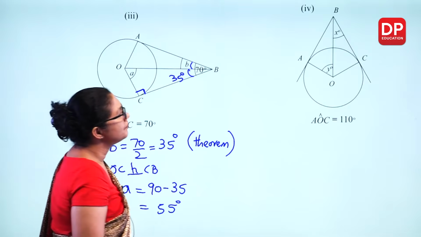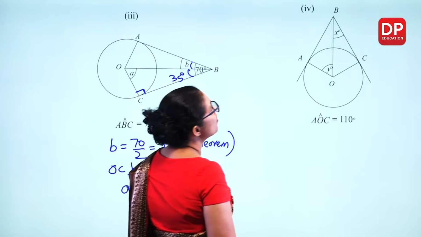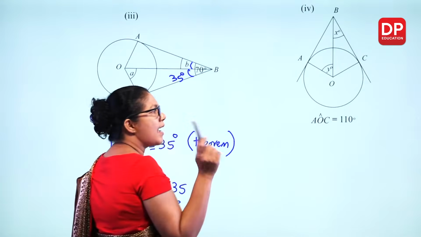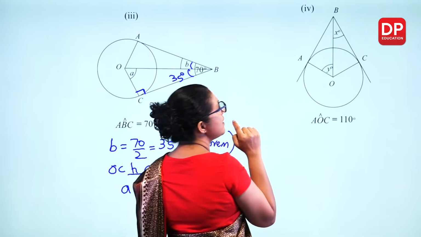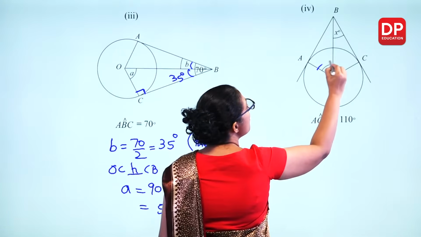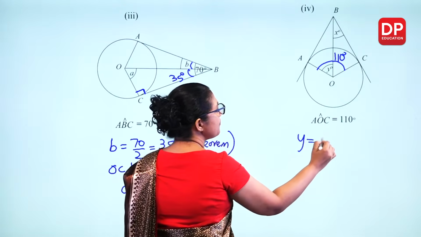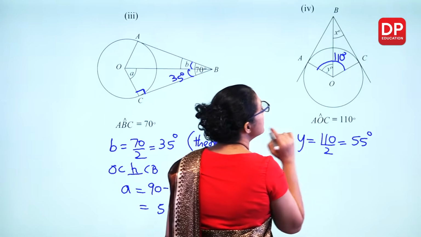Take this one. AOC. This one is 110. Angle at the center also bisecting by the line joining the center and the outside point. So if the whole thing is 110, what's y? 110 divided by 2. So 55 degrees.